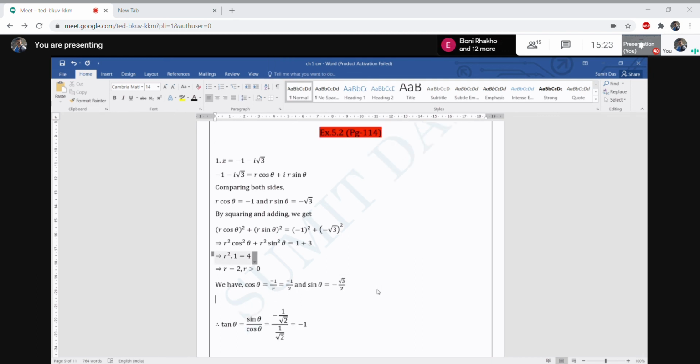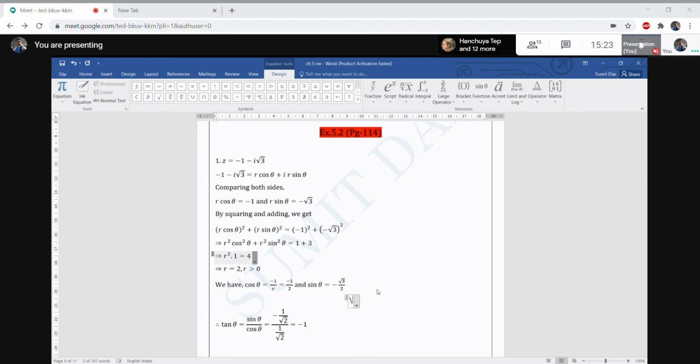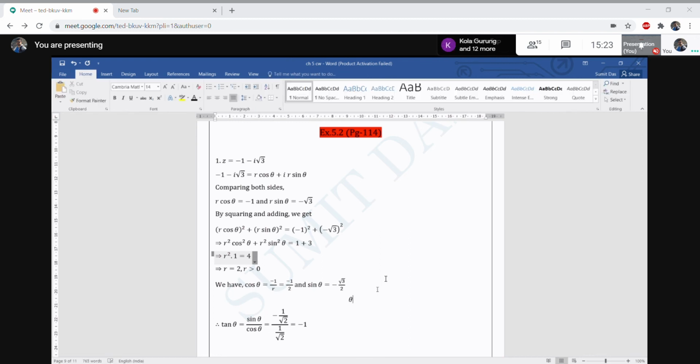Can anyone tell me which quadrant theta is lying, for -1 minus i root 3? In which quadrant is theta lying?